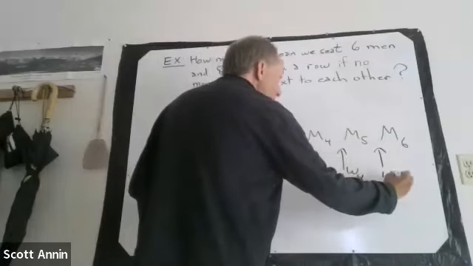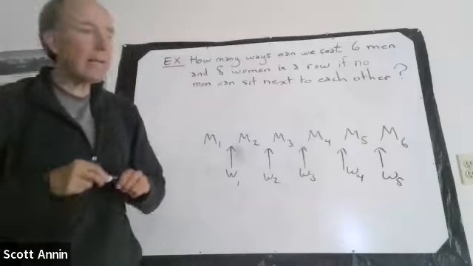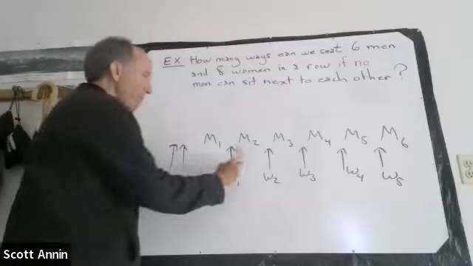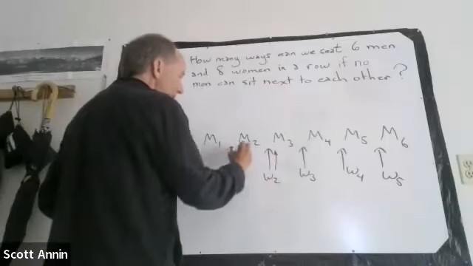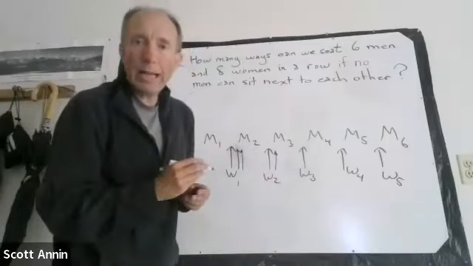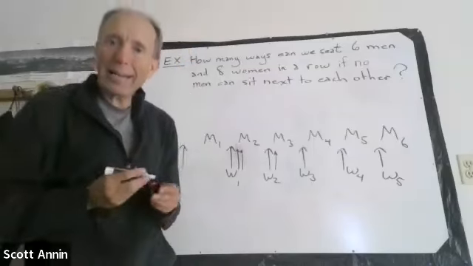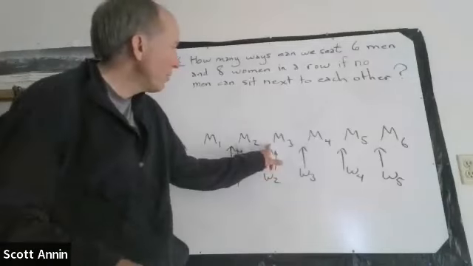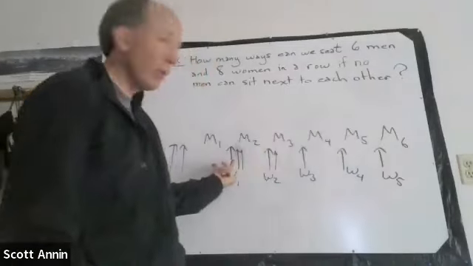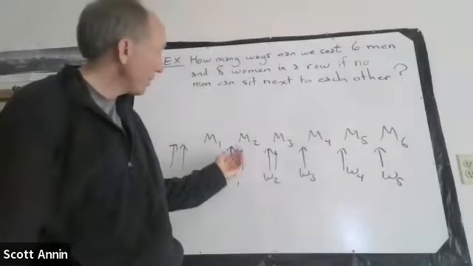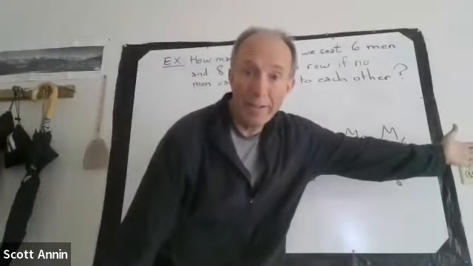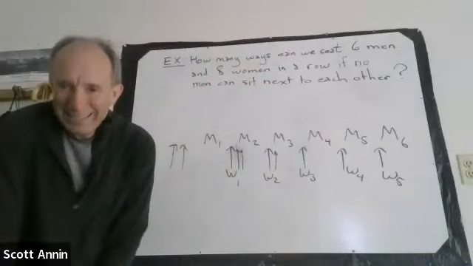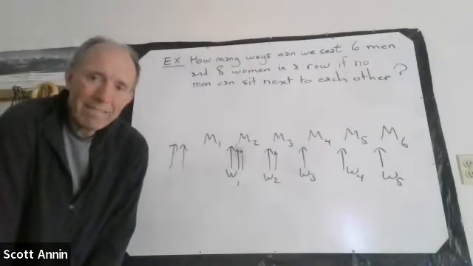We actually have 8 women, which means that we could also put women over here, or we could even put multiple women in some of these places. And that gets to be a little unwieldy as to how to count that, right? You're going to have at least 1 woman here, 1 woman here, 1 woman here, and 1 woman here, but you could have all the other women right here. Or you could have some of them here, some of them here, and some of them on the other end. It's too messy to analyze that.